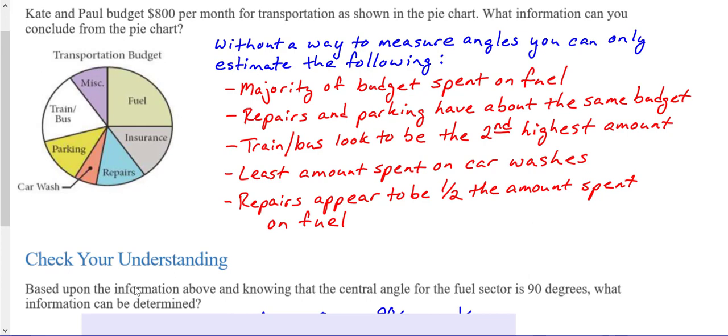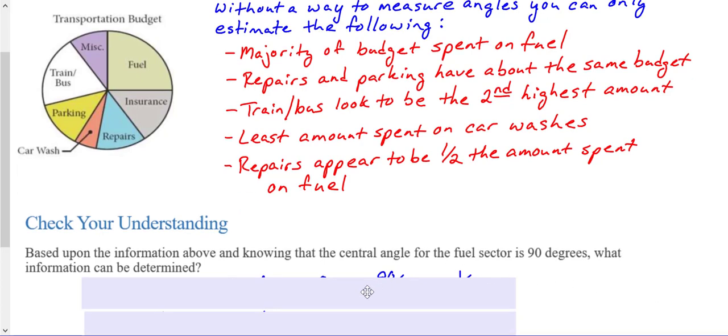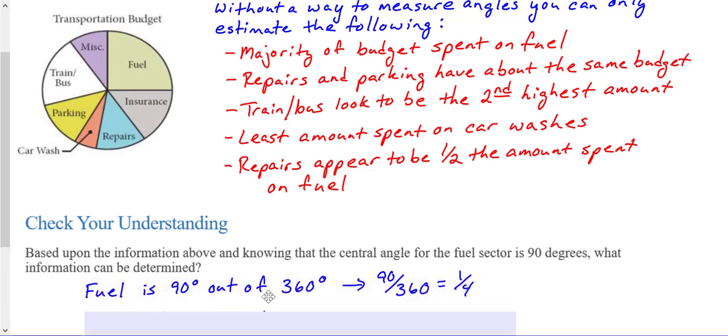So if we base this on what we know about the pie chart, and the fact that the budget is $800 per month, if they give us information saying that the central angle for the fuel sector is 90 degrees, we can determine a couple of other things. First off, if it's 90 degrees, 90 out of 360, or 90 divided by the whole amount of 360, is a quarter.